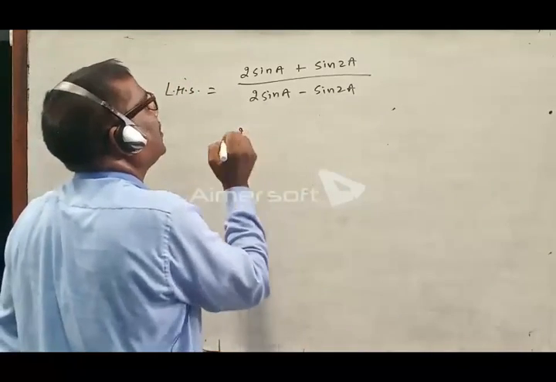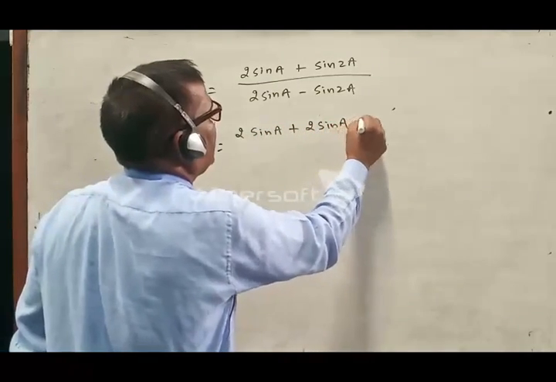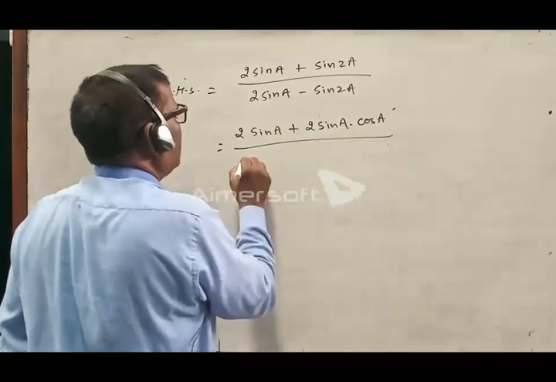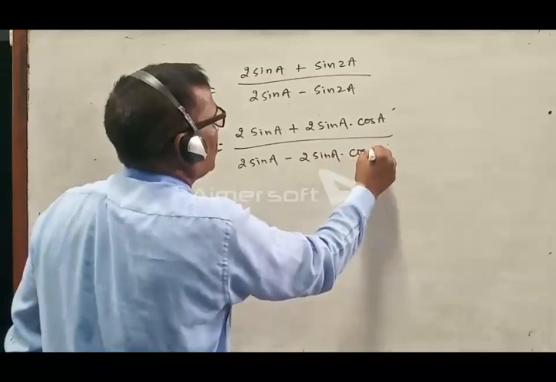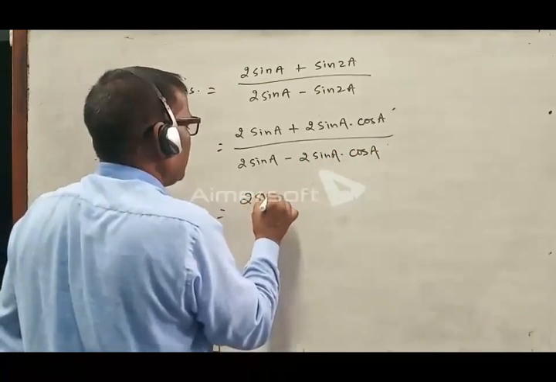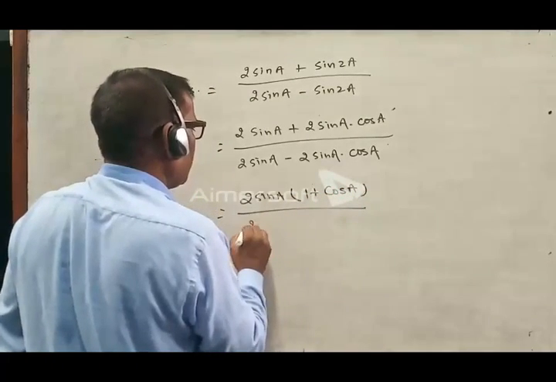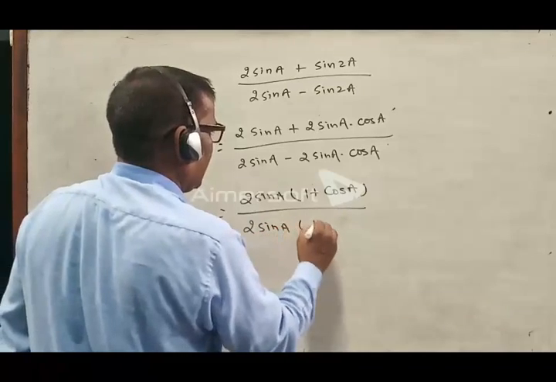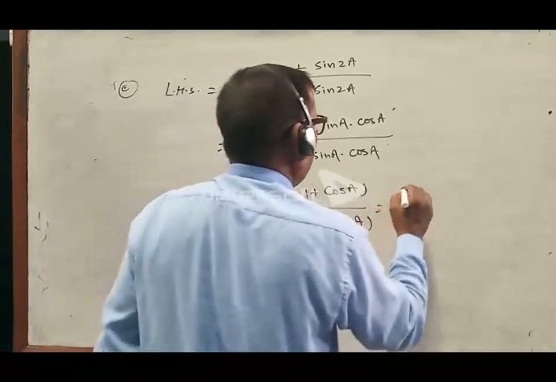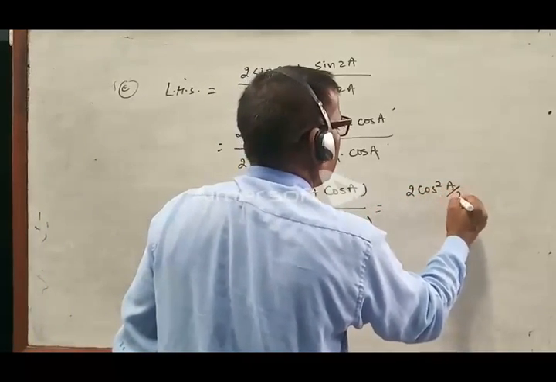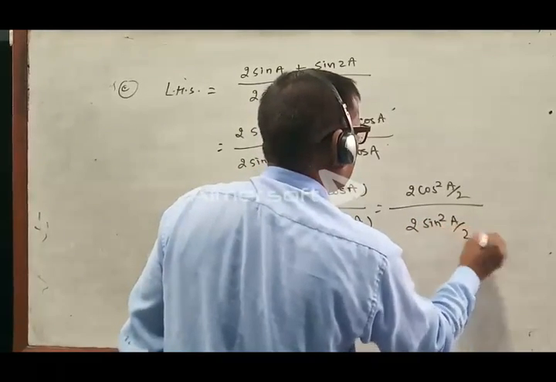2 sin A plus 2 sin A into cos A, divided by 2 sin A minus 2 sin A into cos A. Take 2 sin A common from the numerator, leaving 1 plus cos A, and 2 sin A common from the denominator, leaving 1 minus cos A. Here 2 sin A cancels. 1 plus cos A is 2 cos square A by 2 in multiple angle form, and 1 minus cos A is 2 sin square A by 2.